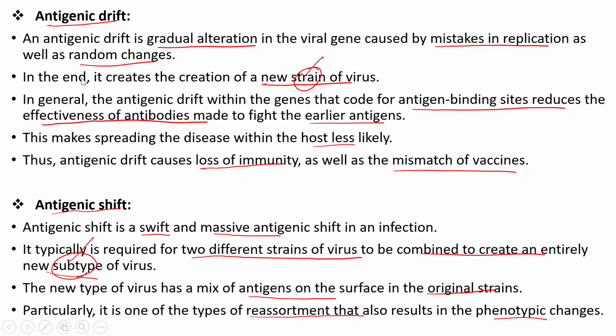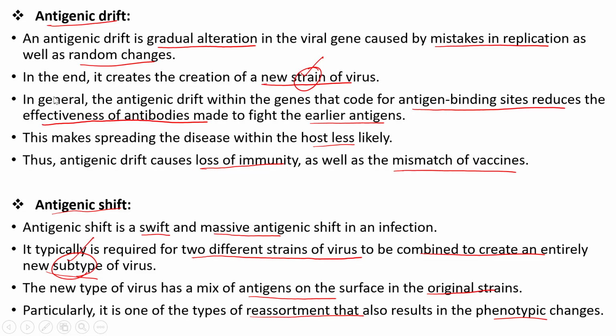So you can see from here that antigenic drift is a gradual alteration in the viral gene caused by mistakes in replication. There can be mutations during replication, gradual slow changes: in one replication cycle some mutations are incorporated, in the next replication cycle more mutations are incorporated. In the end it creates a completely new strain of virus.